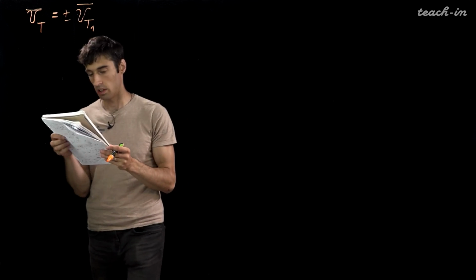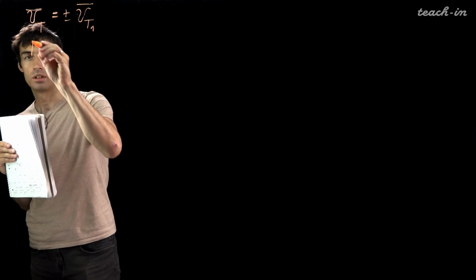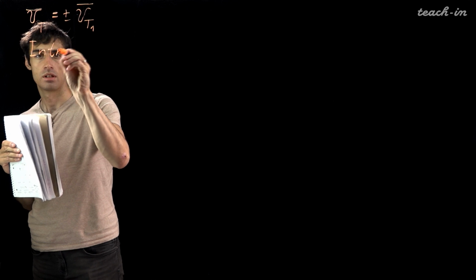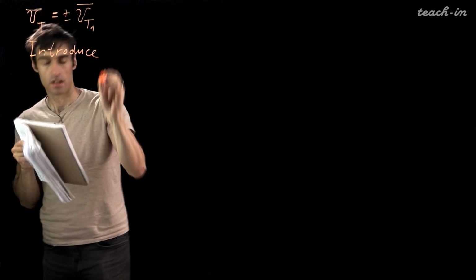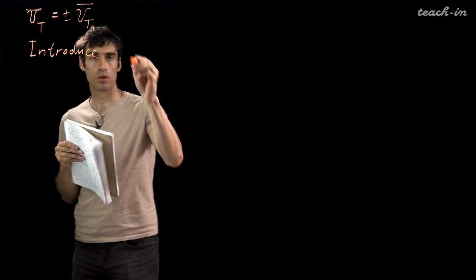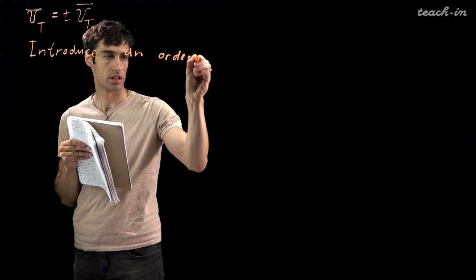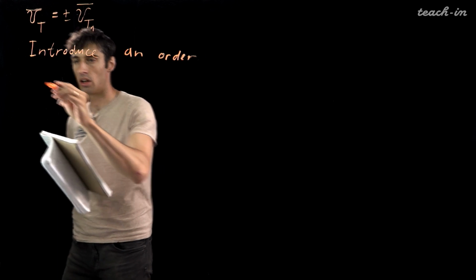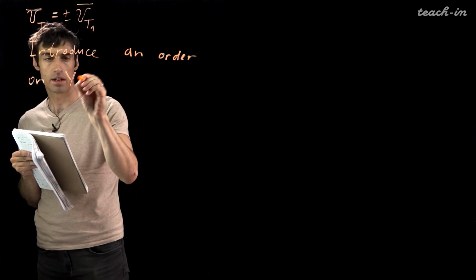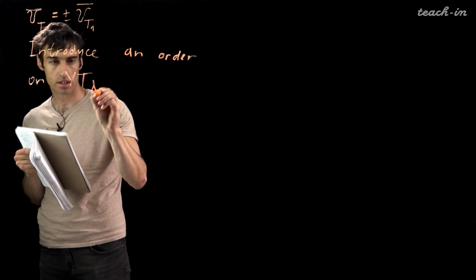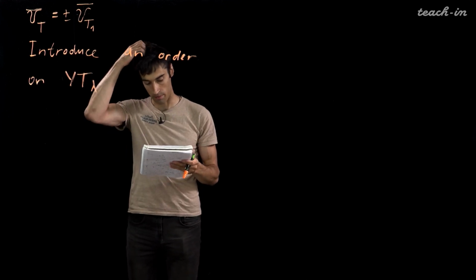Next, we introduce the following order. It's actually a total order on the set of Young tableaux of shape lambda.